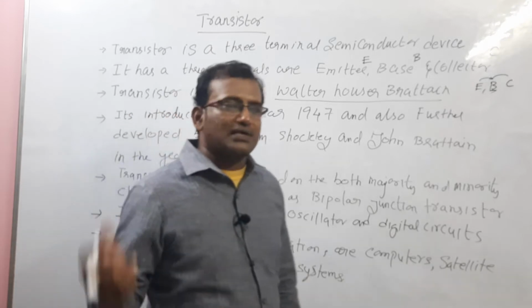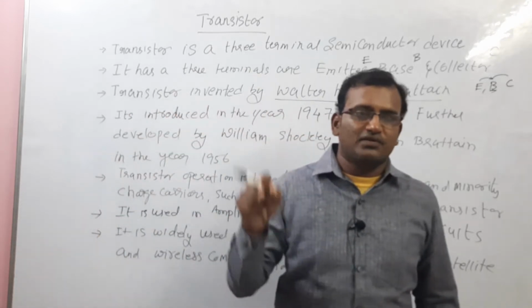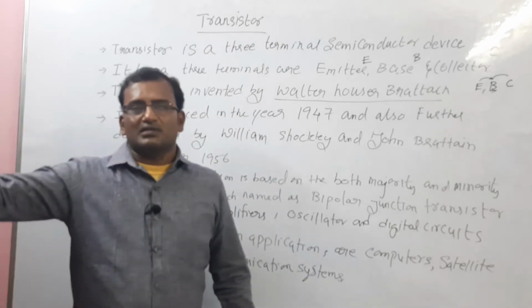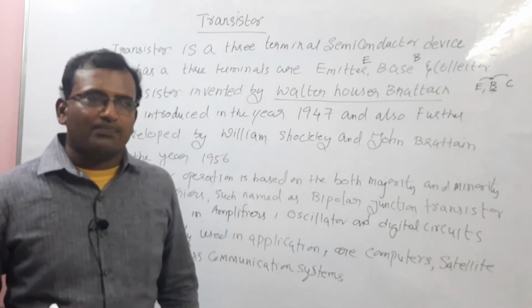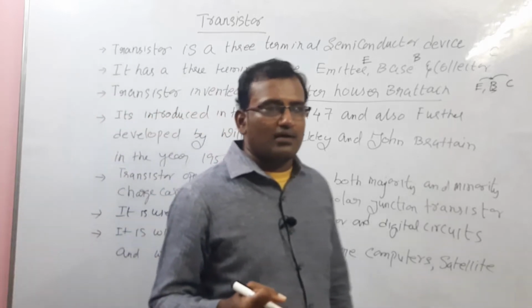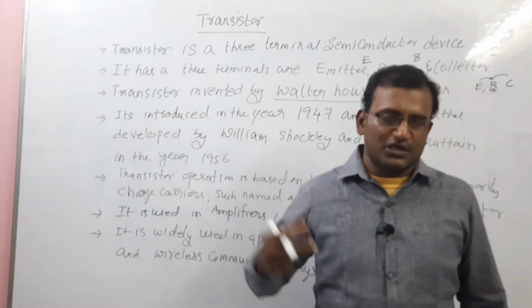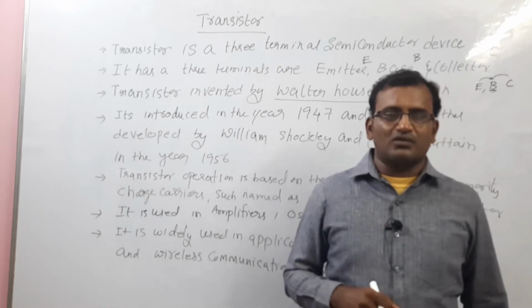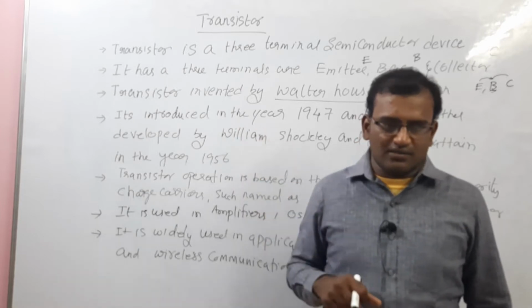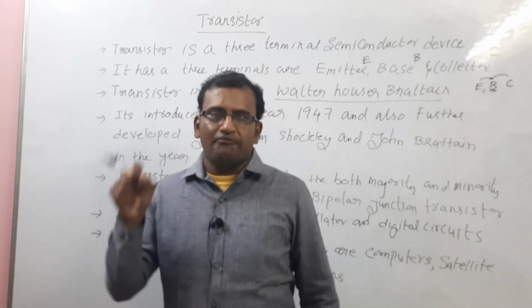Okay. Before the transistor, what type of device was used for amplification in different communication systems? That was the vacuum tube. By using vacuum tubes, they did many applications. But why was it replaced by the transistor? There are some drawbacks in the case of the vacuum tube.